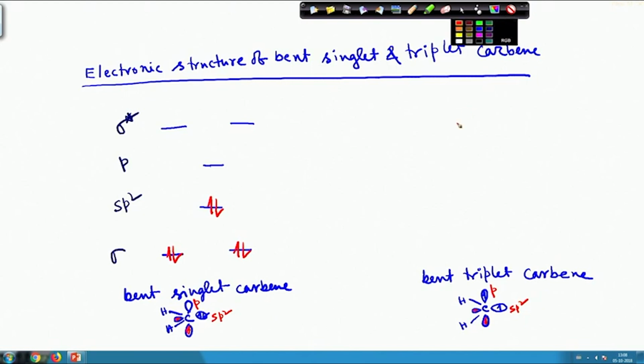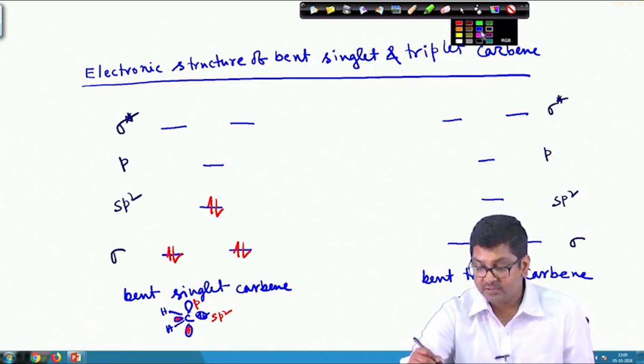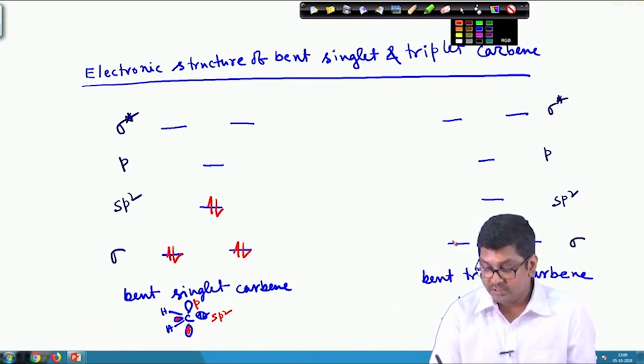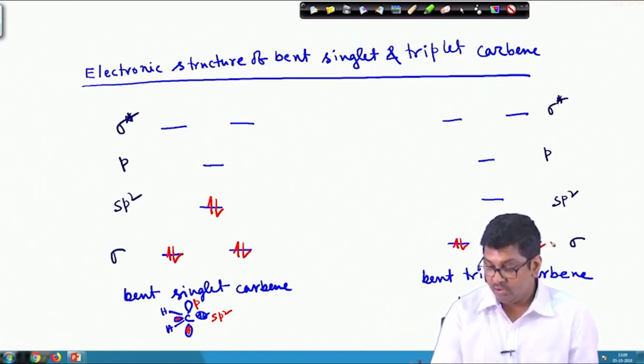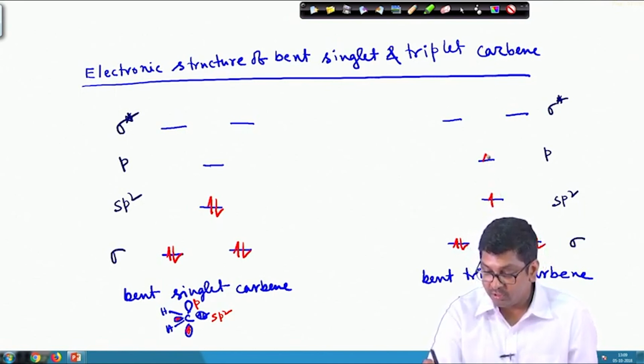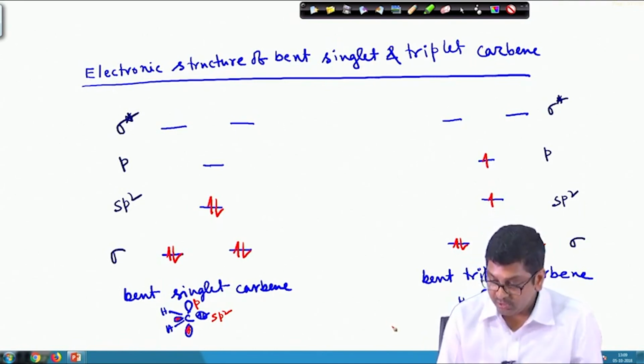Now again we will do it in a similar way. We can write sigma, let us say this is sp2, this is p, this is sigma star. If we start filling up the electrons, these are all the bonding ones, and then this sp2 orbital is filled with 1 electron, and the p orbital is also filled with 1 electron.